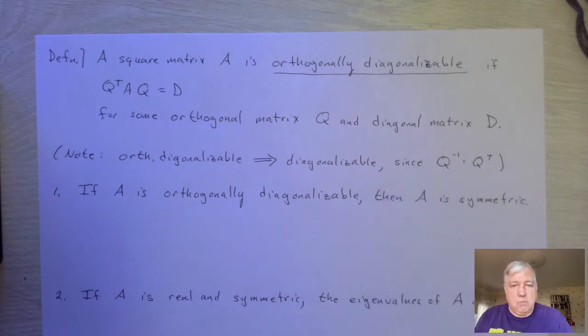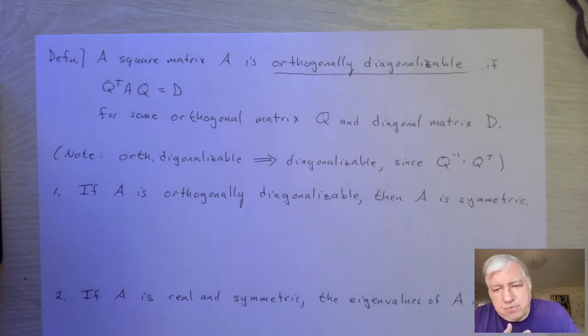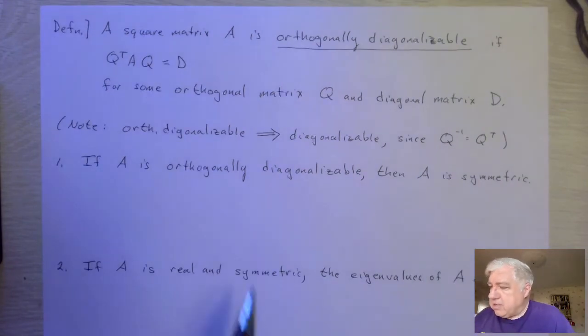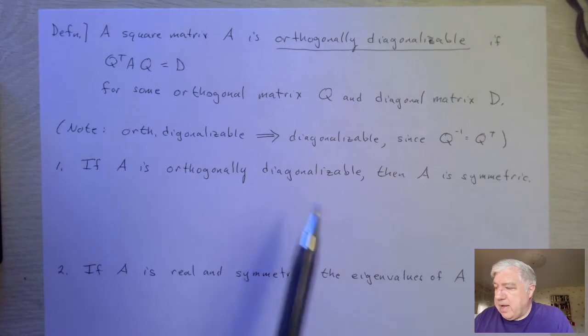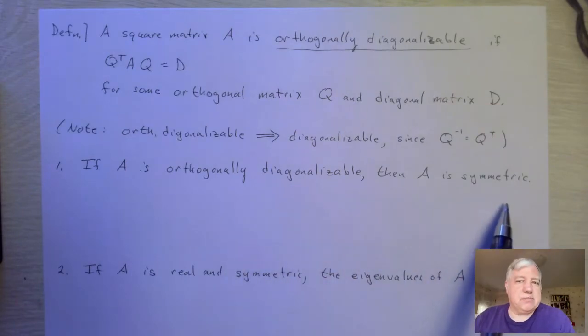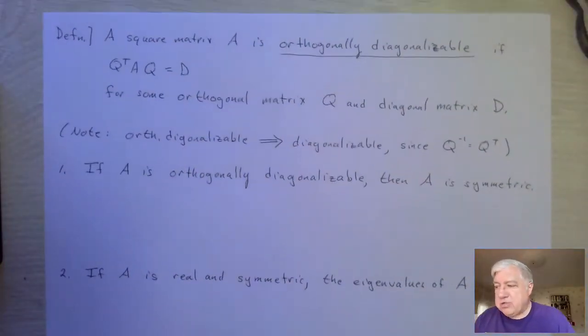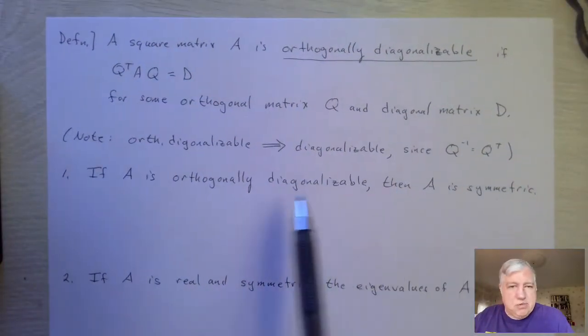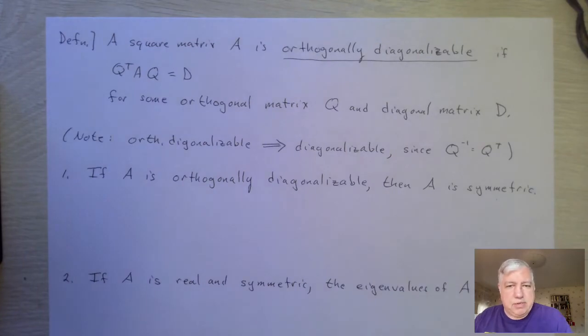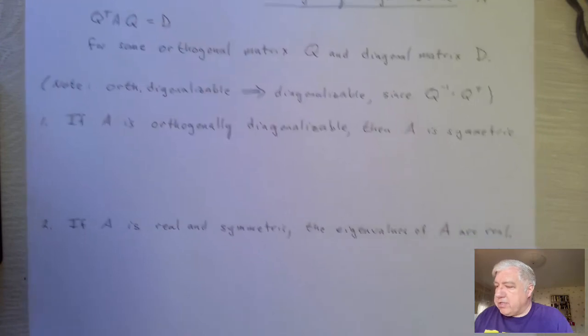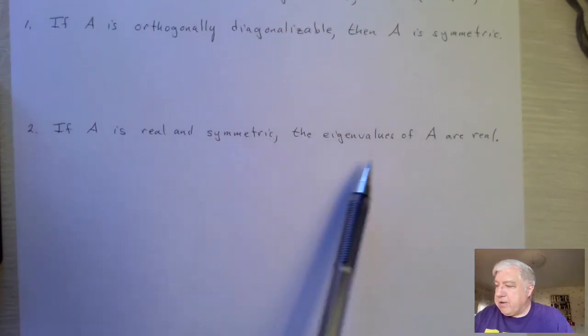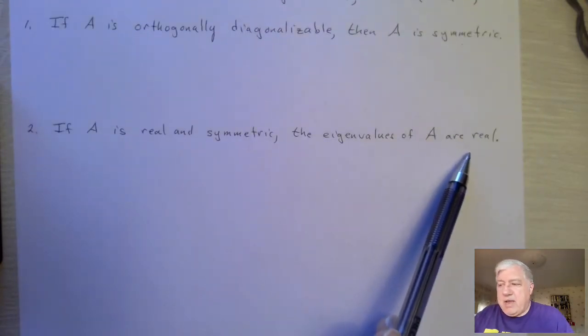Okay. Well, we're going to get some more interesting information. We're going to see in just a moment that if it's orthogonally diagonalizable, it has to be symmetric. And we're actually going to show that symmetric matrices and orthogonally diagonalizable matrices are the same. But we're also going to see that if A is real and symmetric, the eigenvalues of A are real.